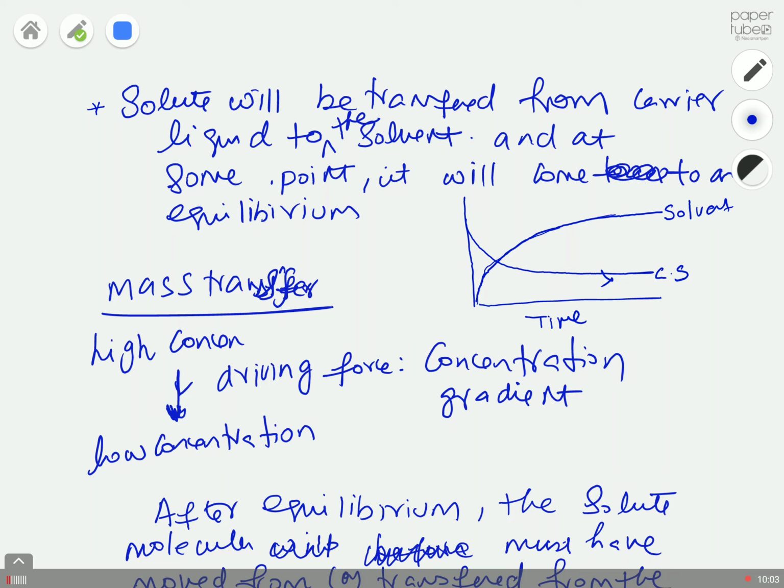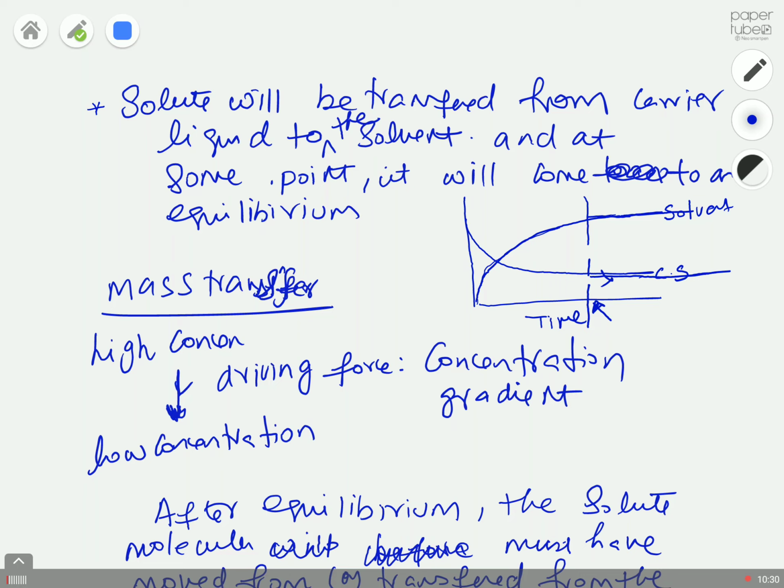Equilibrium is some point, say like this line. You can say that the system reached an equilibrium when the concentration of the solute in the solvent and in the carrier liquid remains constant, which means eventually it reached an equilibrium. I hope you all know what a mass transfer process is. Mass transfer is a physical process.